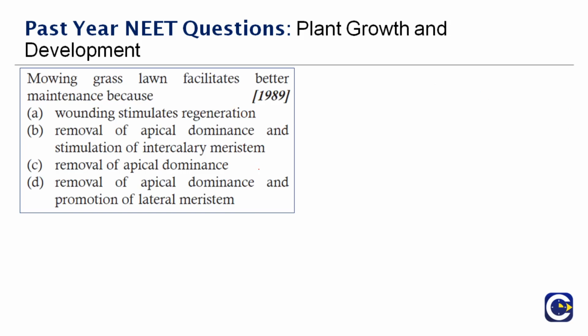Okay, next question here. Mowing grass lawn facilitates better maintenance because... they're talking about mowing grass. Okay, what do you mean by mowing grass? Have you ever heard about mowing grass? See, you're given four options here, right? Mowing grass is what you would have seen in over large areas or in any office areas, business areas, where you have a grass lawn, right?